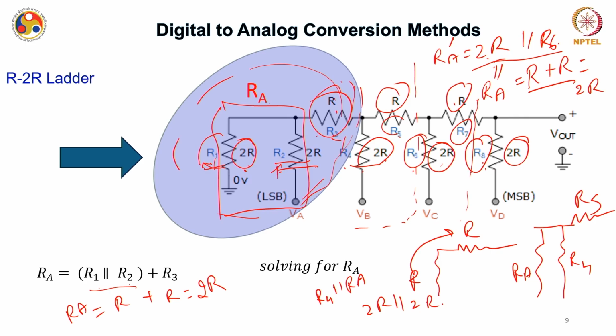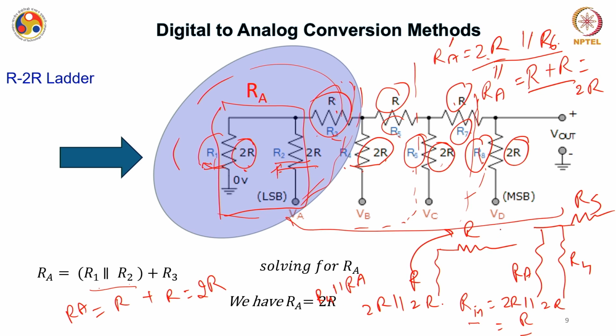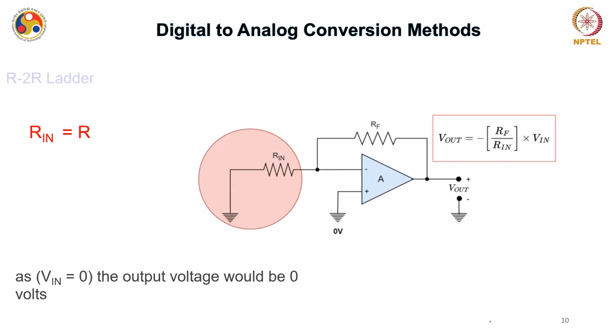So, my input resistance R in will be equal to 2R in parallel with the equivalent resistance till R7, which was 2R. So, this is equal to R. If I solve for RA and all other values, finally, I got R in as simple R. So, the equivalent resistance for this complicated ladder circuit comes out to be R.